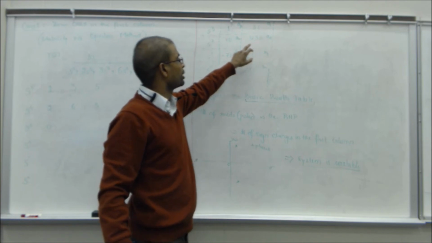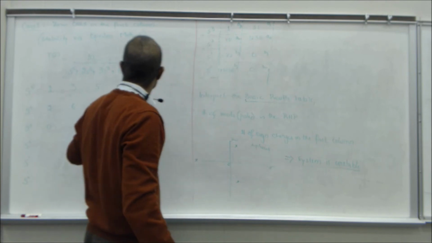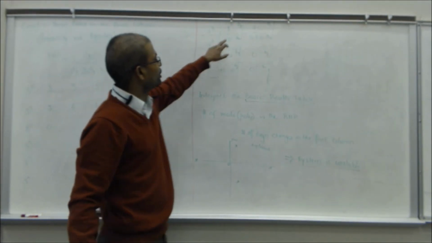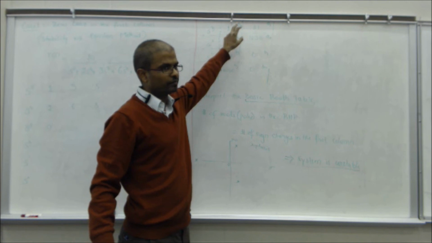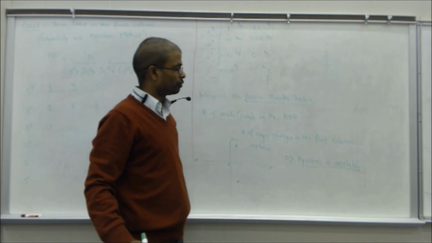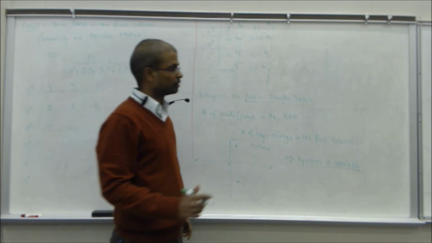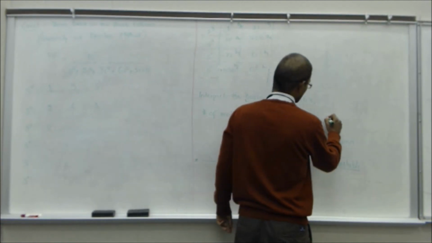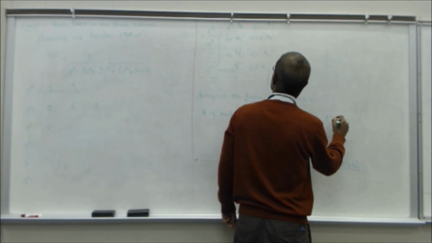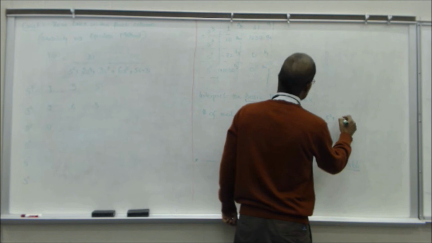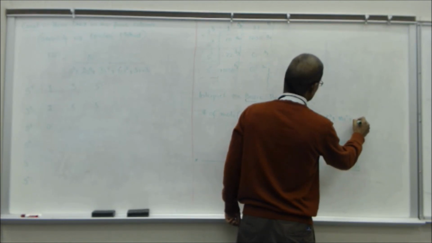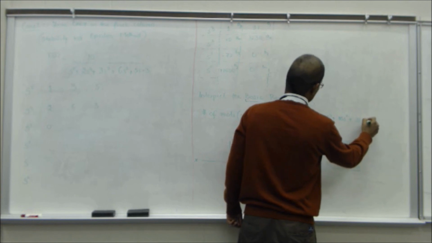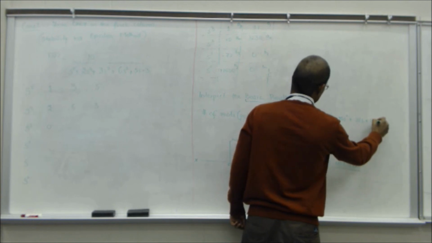The reason it was named so: what was A3? The polynomial we got was s^3 plus 10s^2 plus 31s plus 1030.